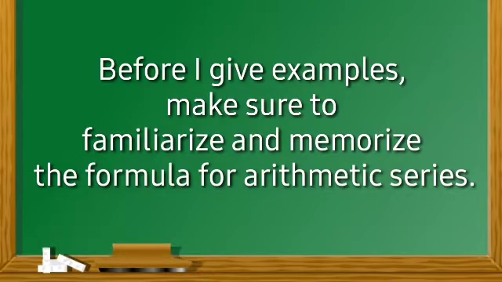I will be giving you some examples to solve. However, I want you to familiarize and memorize the formula that we will be using for the entire lesson and make sure to read it properly.